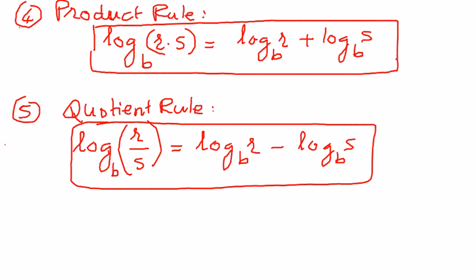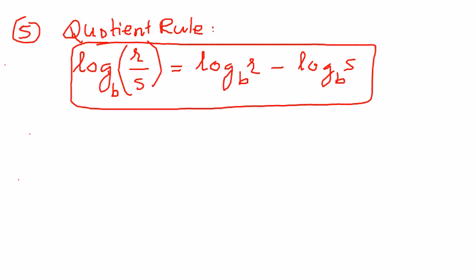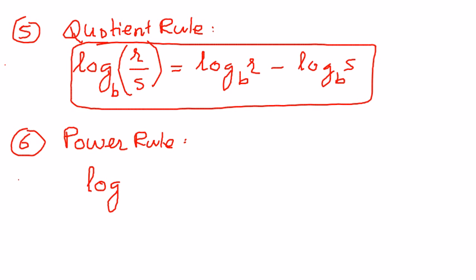And then one more rule in here, we will call this one the power rule. Power rule of logarithms. And what is this telling us? This is telling us that if we have log r to the power of p, this whole thing to the base b, we can write this one out as p times log r to the base b.